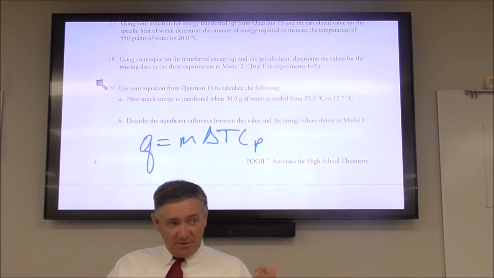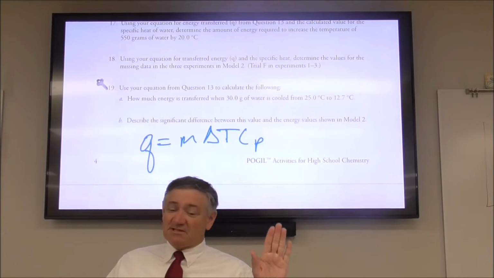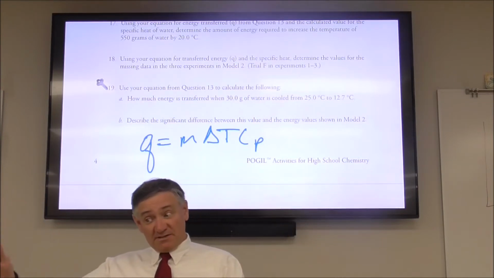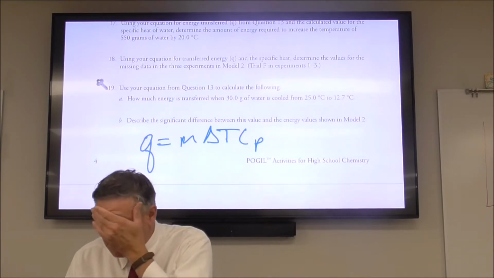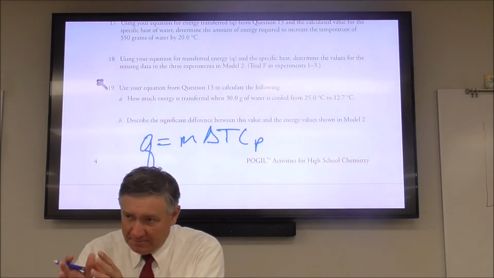Never trust your lab partners. I'm not saying that they're not good people. I'm just saying, when it comes to calculations, it's easy to make a mistake, and then everybody writes down the same wrong answer.